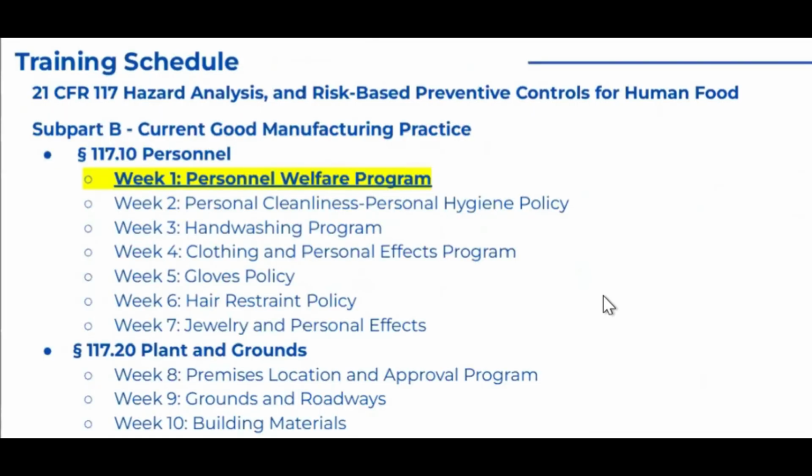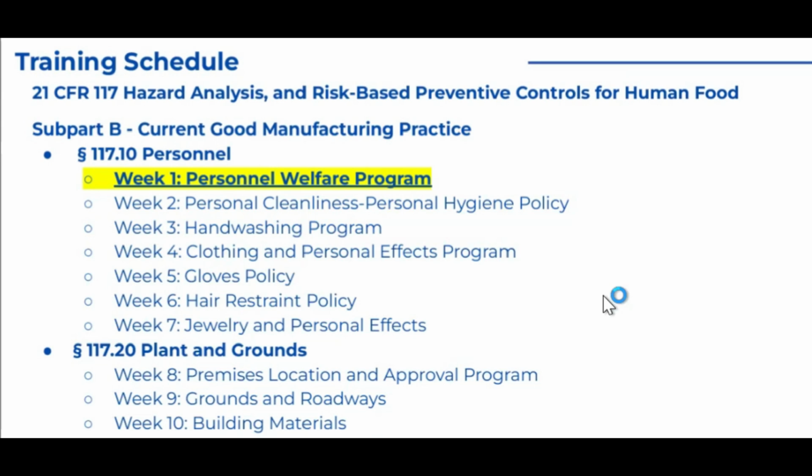This week, we will begin our training series on 21 CFR 117, Subpart B, or Current Good Manufacturing Practice, focusing on the requirements under the Personnel Welfare Program. Throughout the coming weeks, we will continue exploring other essential components of CGMP, with each session designed to help you understand, implement, and maintain FDA regulatory requirements within your facility.